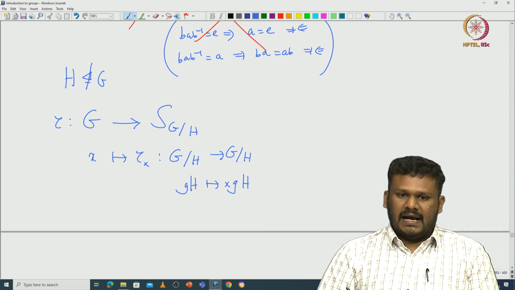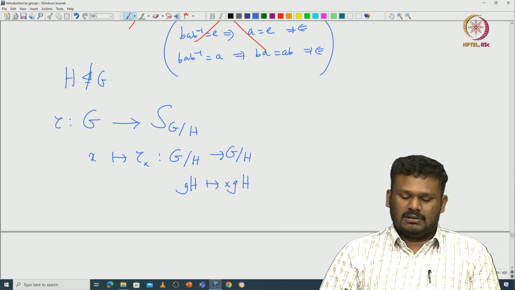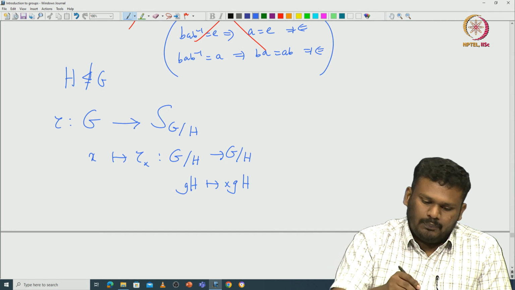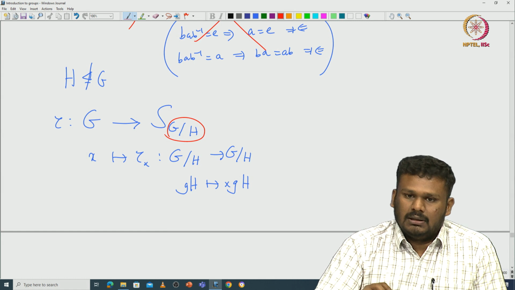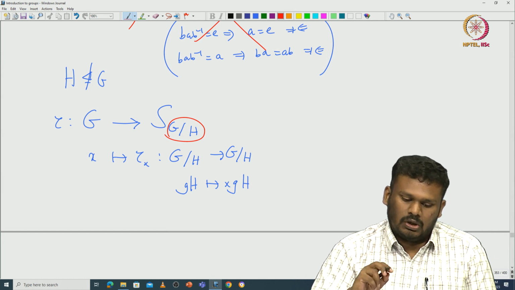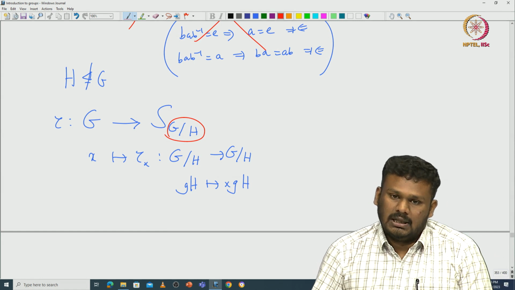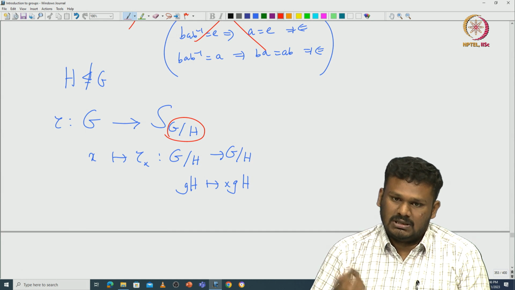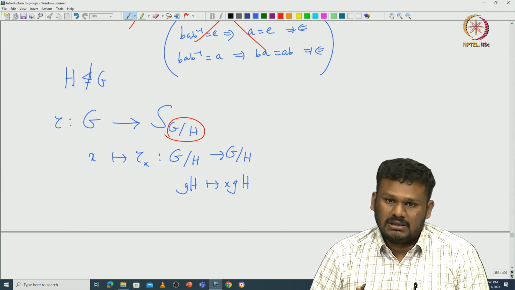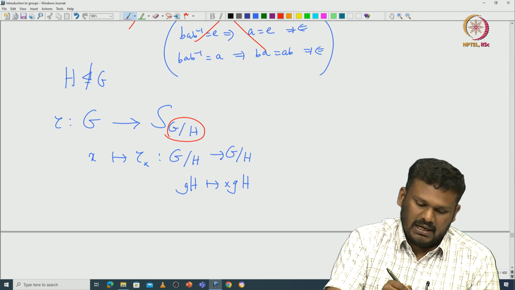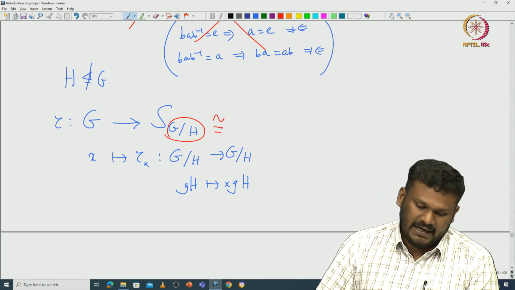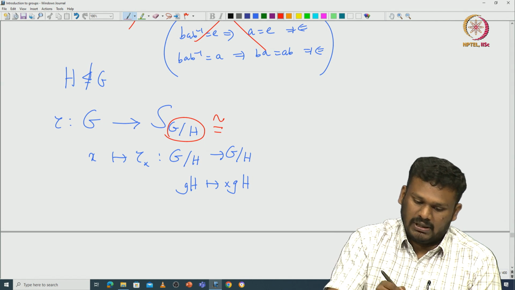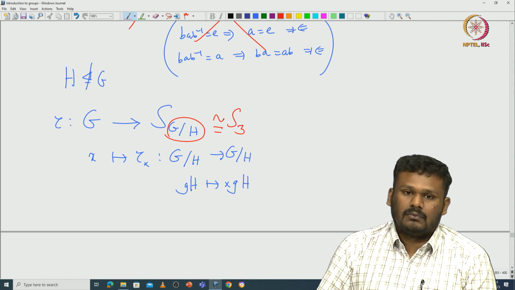So, this is action that we have already verified. So, we have produced now a set of order 3. G modulo H has exactly cardinality of G divided by cardinality of H, which is 3 elements. So, by fixing some order on this G modulo H, you can identify S of G modulo H with S3.